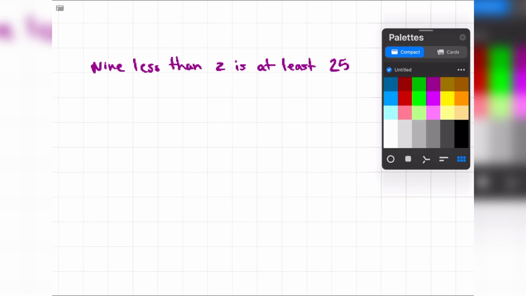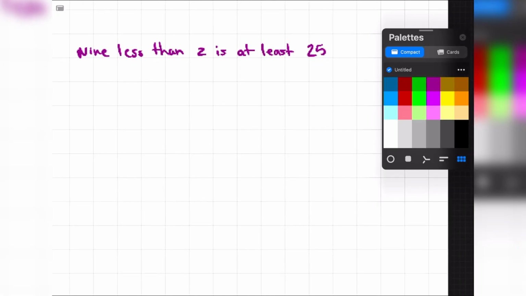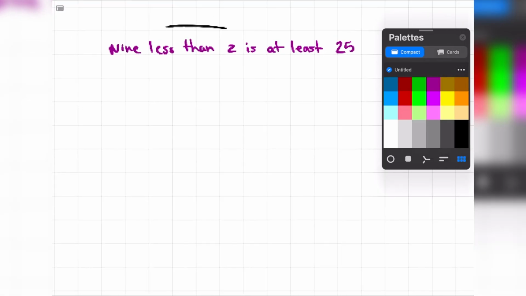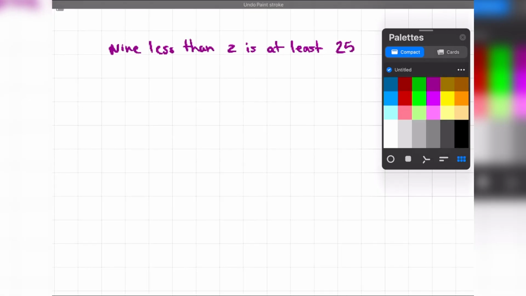What I like to do here is ignore this last part first, because that's usually the easiest part to solve. If you get confused by math problems, you want to focus on this first. And what I do is I read it backwards. Not "z is less than 9," right?